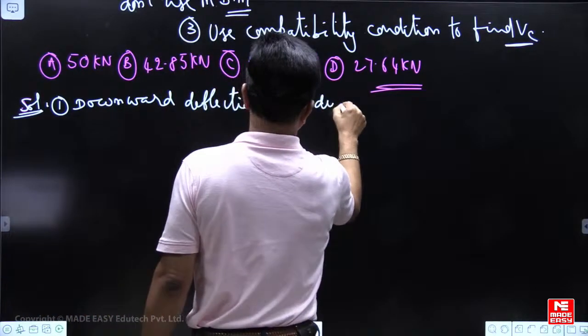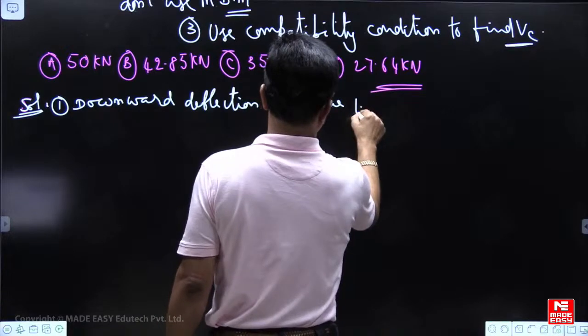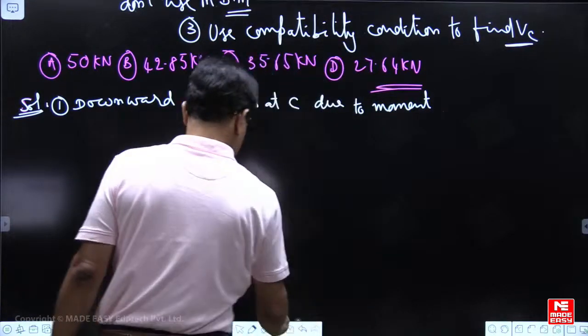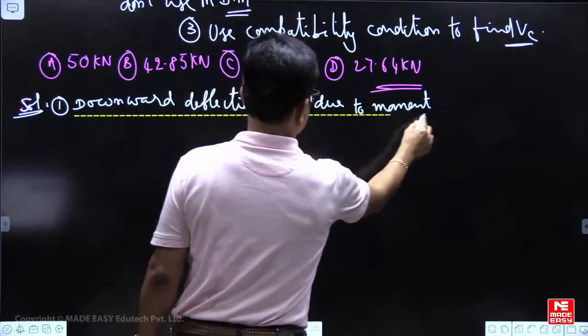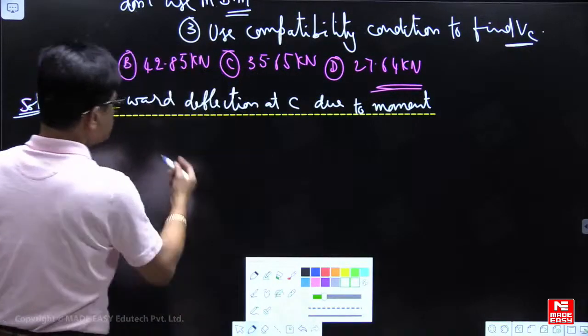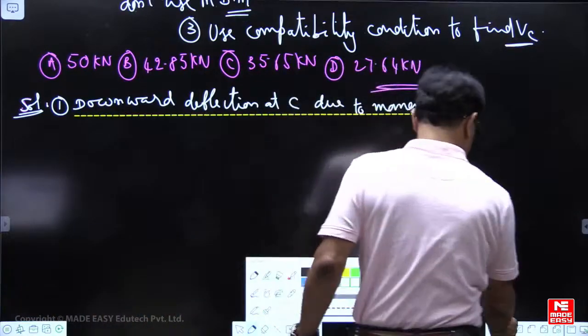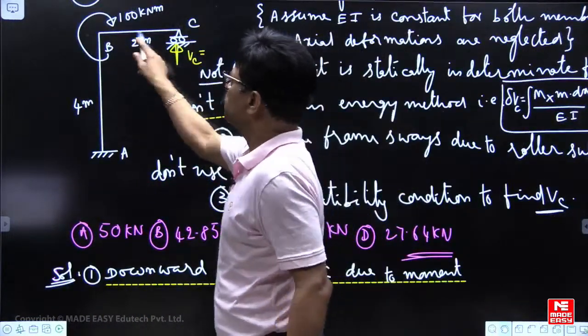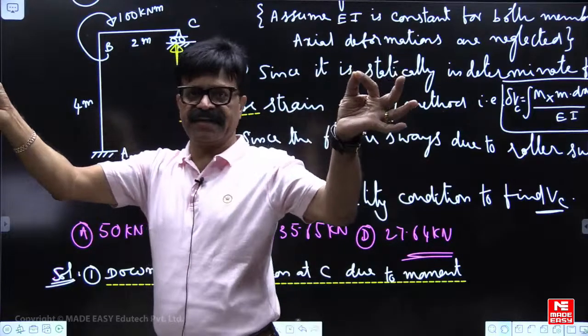At C due to moment. Okay, so once you remove this support, BC member remains as a straight line.